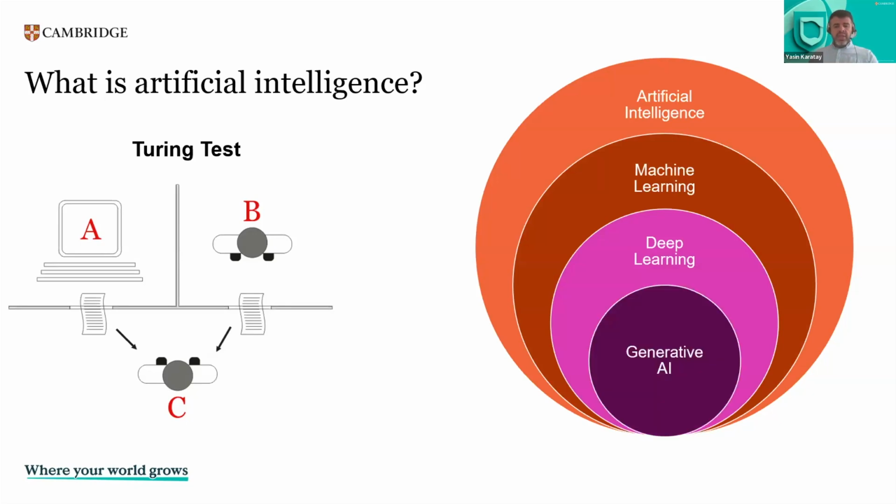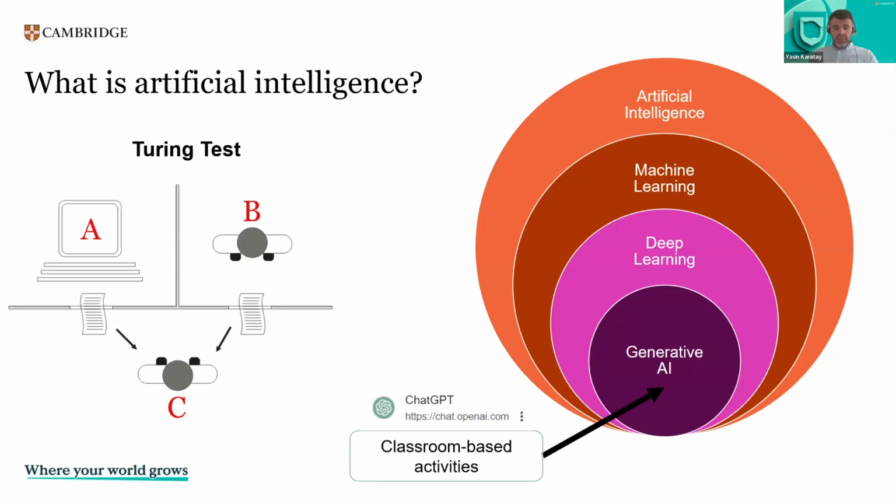And lastly, we have generative AI. In this session, I would like to focus on generative AI because this is a type of technology we can use for our classroom-based activities. And this type of AI is what we use to create new content, whether it is text or images or even music.